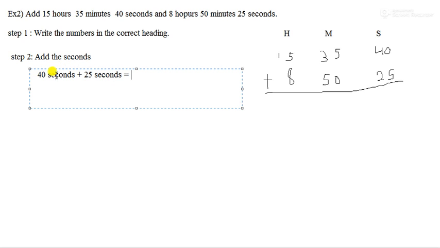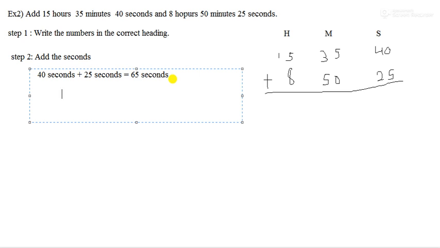So 5 plus 0 is 5, now 4 plus 2 is 6. So here it's 65 seconds.